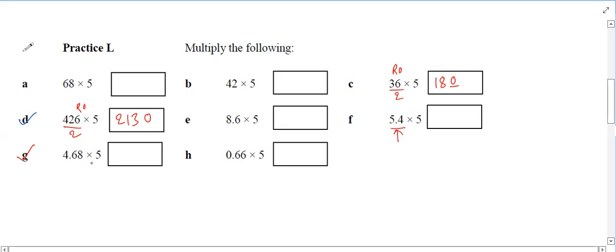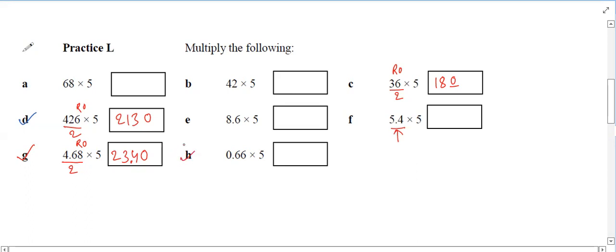Multiply 4.68 by 10 and then divide the whole thing by 2. Tell me the division result. 2, 3, 4 without the decimal, with a remainder of 0. Remainder 0 means the last digit will be 0. Now keep the decimal point. The decimal point is after 2 digits from the right side, here also after 2 digits from the right side.